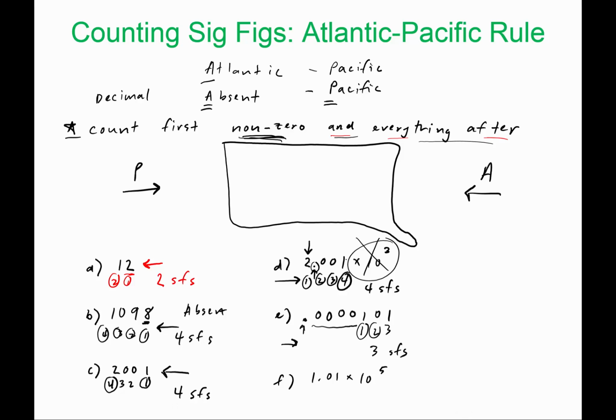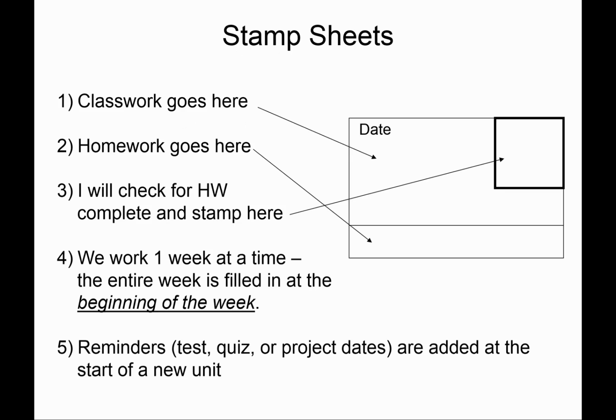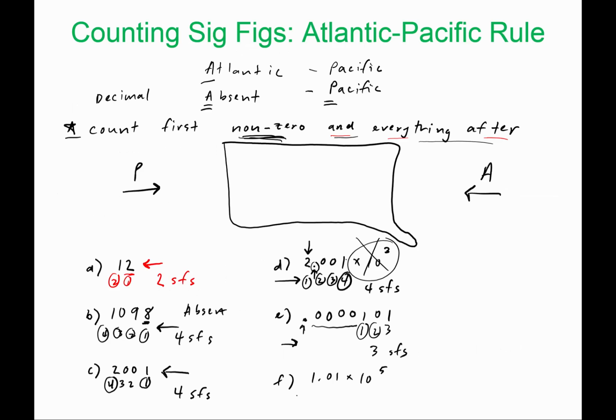This one, decimal point's present. So all of these count. 1, 2, 3. 3 sig figs. Okay, this one has no decimal point, so we count from the Atlantic side, and this is a 0, so it doesn't count. None of these count. Only this one counts. So this number only has 1 sig fig.